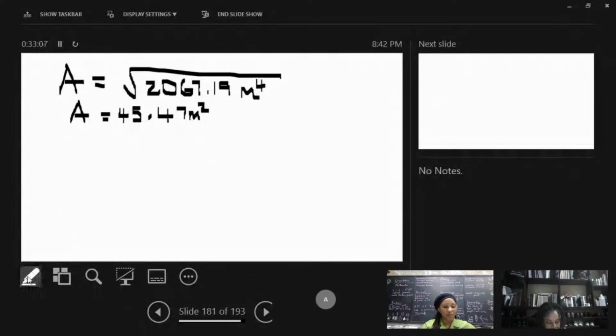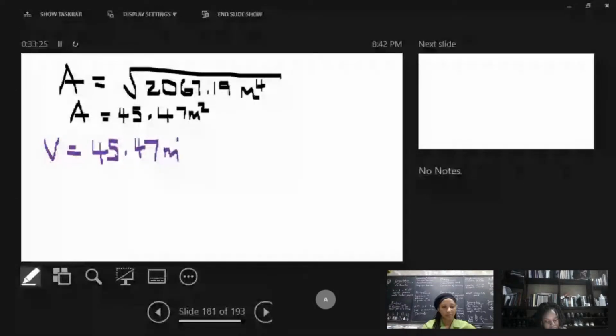All right, so the volume of the prism now would be that area times the height of the prism. The height of the prism was 20 meters.